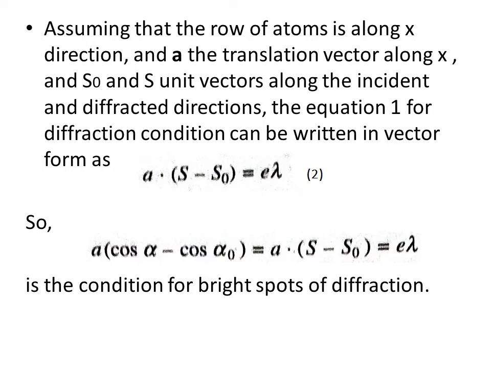Now if you look at that equation which I have told you right now, which is a (cos alpha minus cos alpha 0) equal to E lambda, we can write that equation in terms of vector notation. For example, I told you this a is the lattice constant.